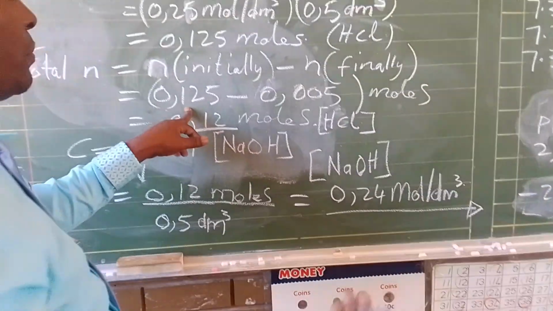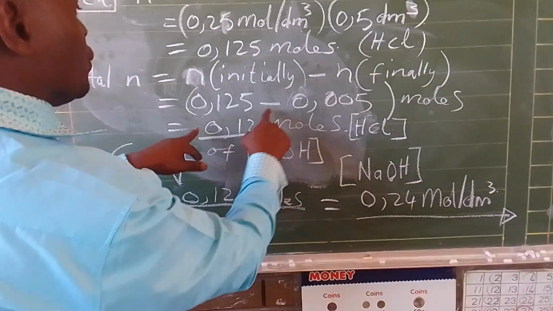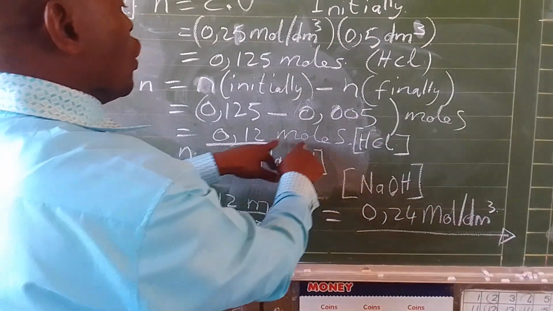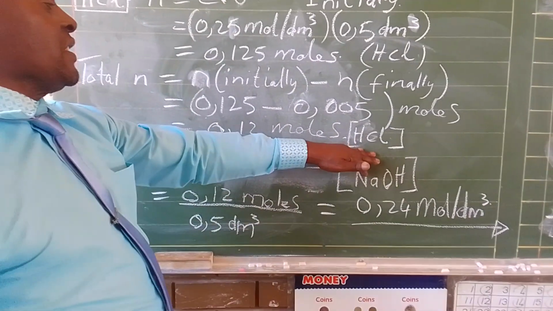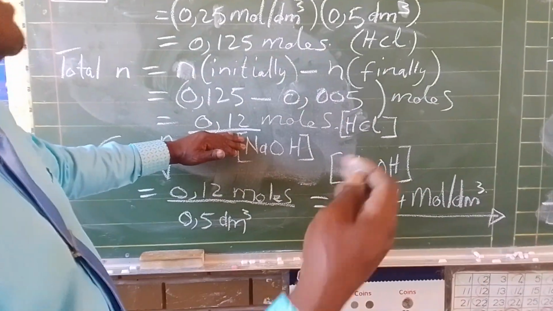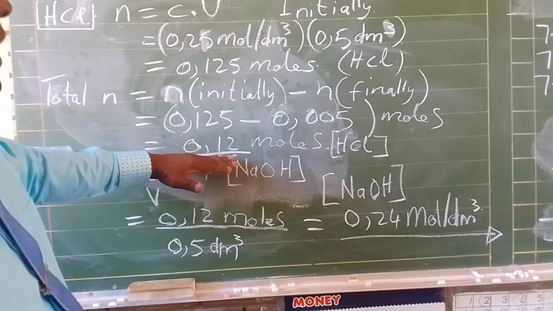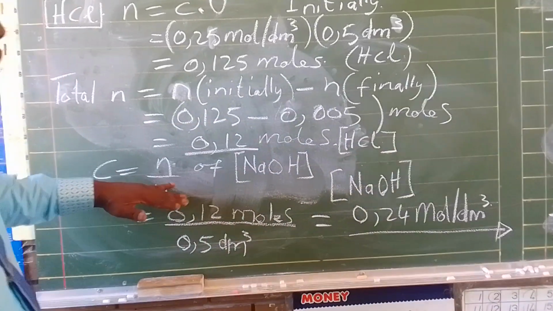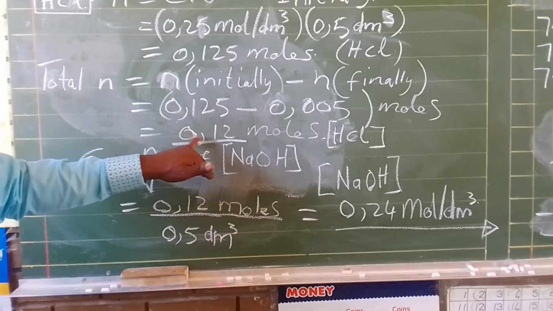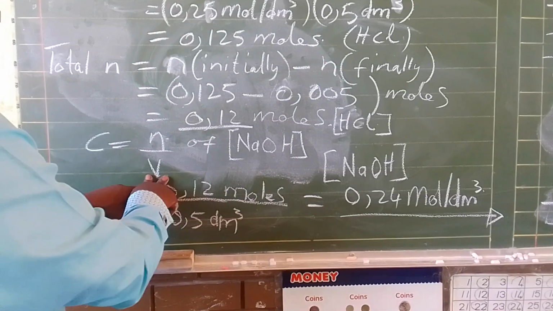Remember, hydronium ion comes from the hydrochloric acid. When you subtract this one from this one, you get 0,12 moles of what? Of hydrochloric acid. Because the same moles of hydrochloric acid is going to react with equal moles of sodium hydroxide. So sodium hydroxide moles is going to be 0.12 moles. So the concentration equals number of moles divided by the volume.